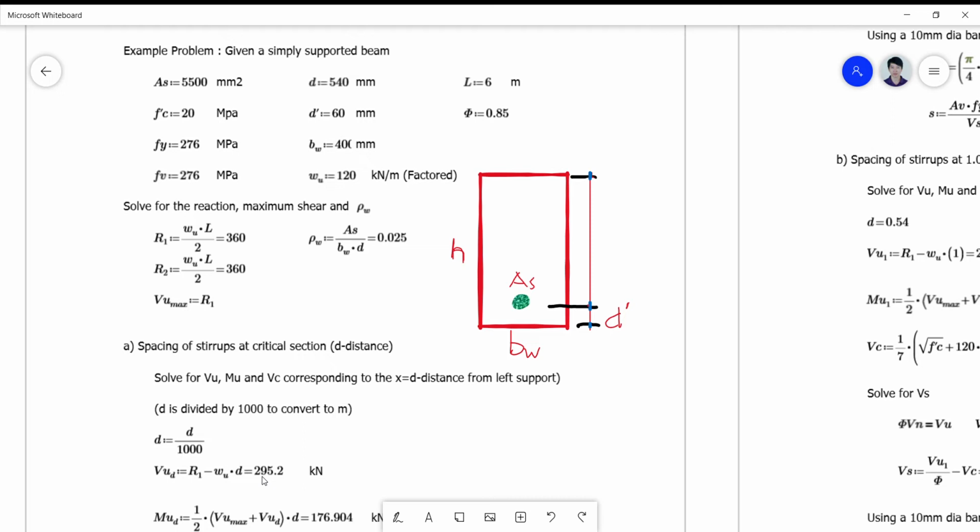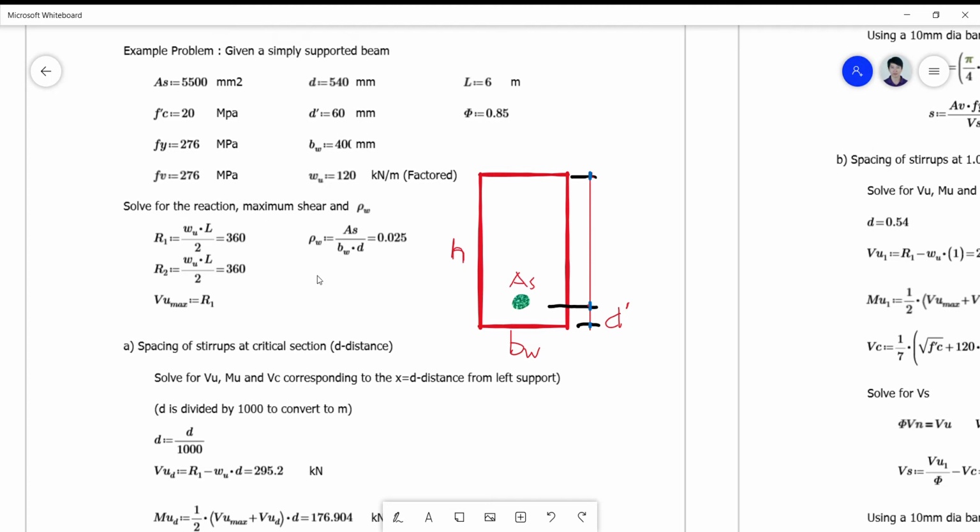So for the given values of the beam material properties and dimension, we have enumerated the steel area, the material properties for F prime C, Fy, and Fv, the dimensional variables D, D prime, Bw, the load WU, which is already the factored uniform load in kilonewton per meter, the length of the beam, which is simply supported, and the reduction factor for shear, which is 0.85.